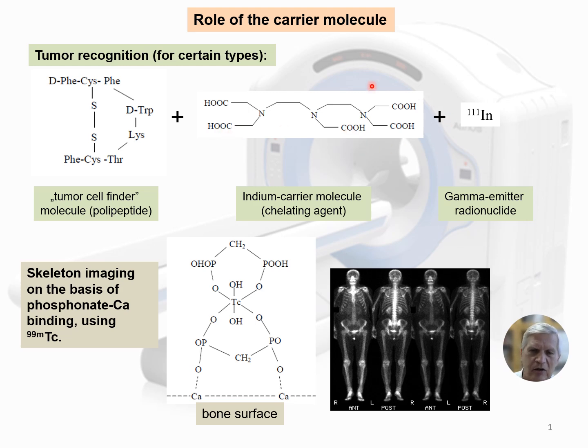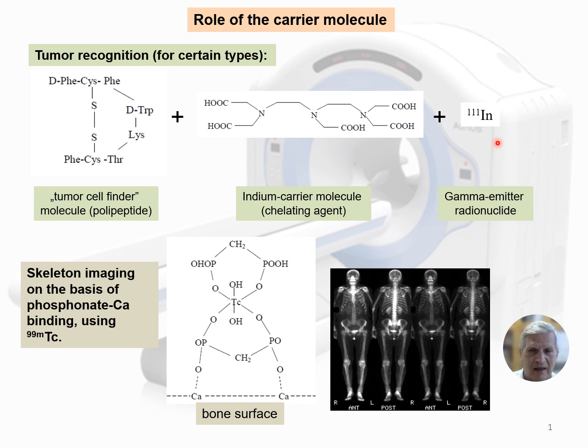And since the molecule contains carboxyl groups, it can form a very strong bond with the amino end, here or here, I don't know, the amino end of this polypeptide. So there is a strong chemical bond between this molecule and this molecule. This is the tumor cell finder, and this will carry the indium because it still has 7 different groups which can grab the indium very firmly.